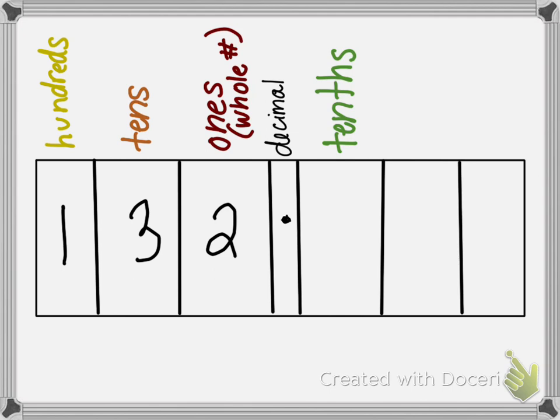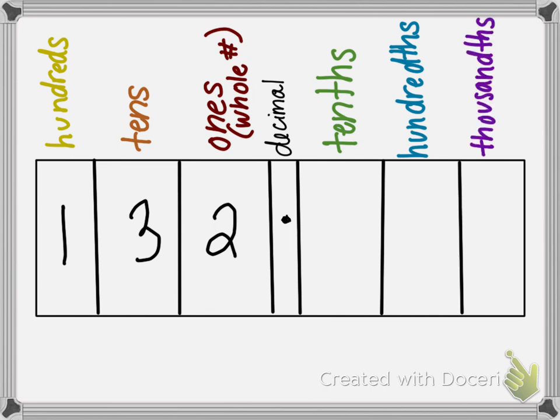And then the hundredths. And finally, the thousandths place. So if you're asked to round to any of those places, that's the order they go. Tenths place, hundredths place, and then thousandths place.